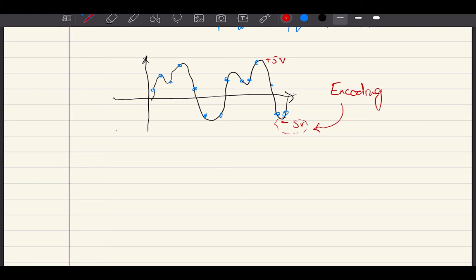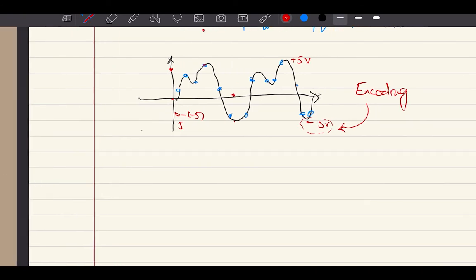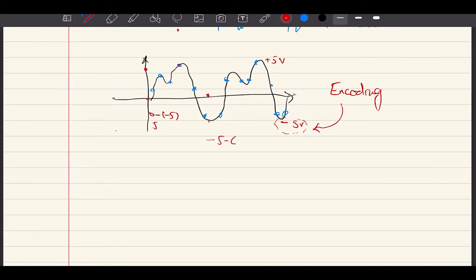For example, minus 5 is subtracted from 0, so it will be 0 minus minus 5, which becomes plus 5. So the 0 level will rise from here to here, this level will rise to 10, and this level will rise to the 0 point, because minus 5 minus minus 5 is equal to 0. So your signal will look something like this.